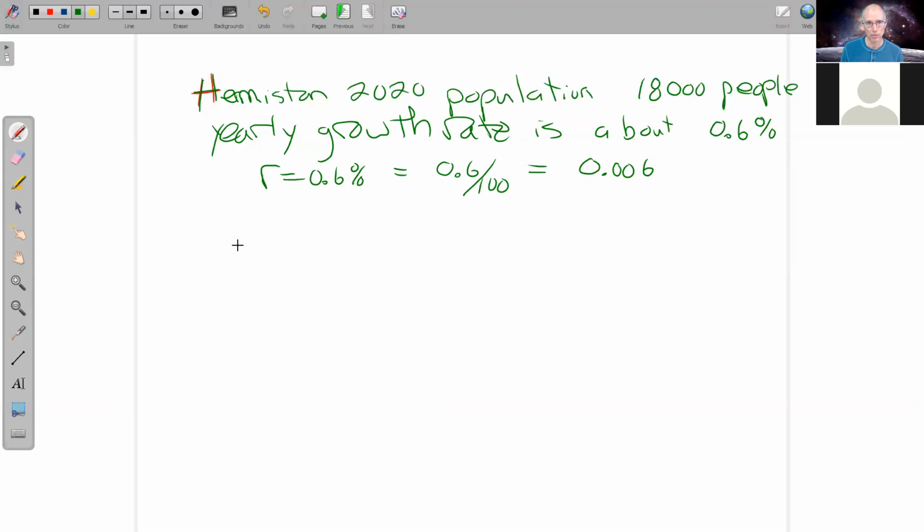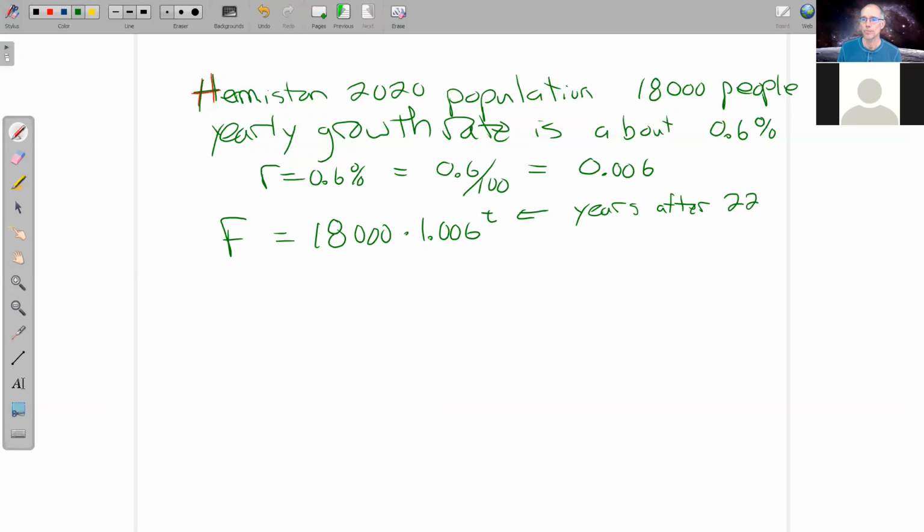So that means my formula for the future population of Hermiston is going to be the starting amount, 18,000, times 1 plus that growth rate, raised to the power t. And again, that t is going to be years after 2020. So pretty much the same ideas as before, I just had the wrong growth rate there.